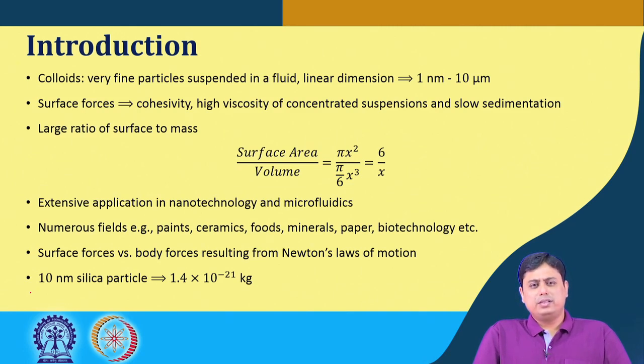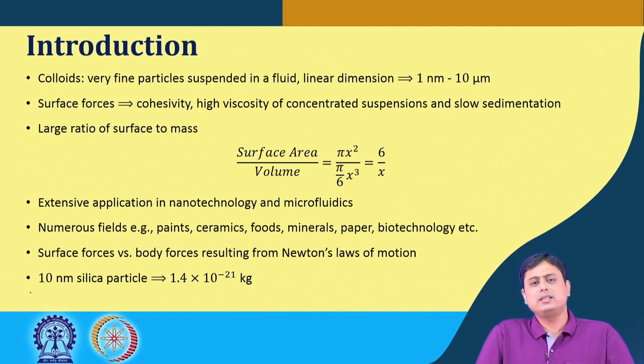Now the reason the surface forces are important is that these fine particles provide a very large ratio of surface to mass. The mass and the volume are related with the density.